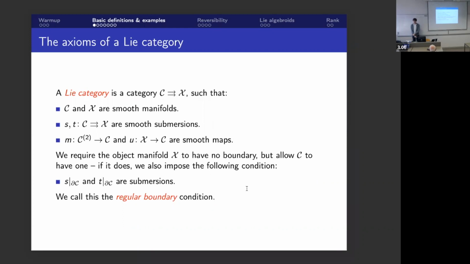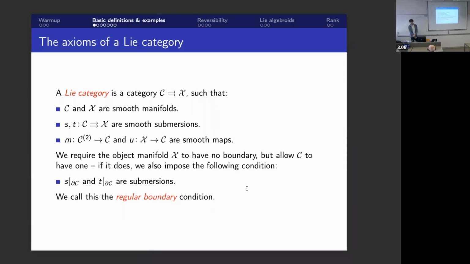Okay, so in order to be regular, C and X are usually not on the same dimension, but yeah, they could be. Anyway, if they are on the same dimension, then it cannot be regular on the boundary.